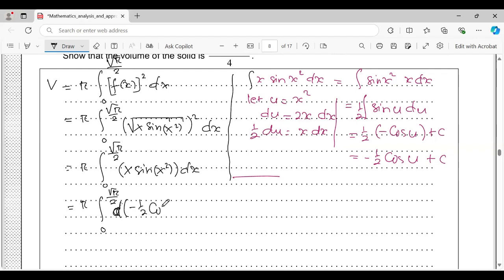So it's going to be minus half pi, evaluated from 0 to square root pi over 2 of cosine x squared.